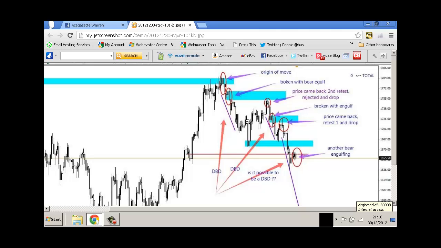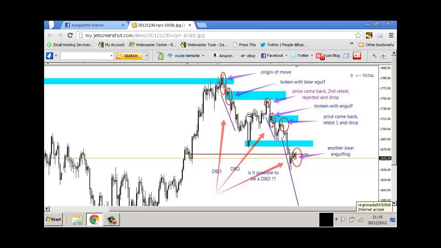If we remember, these wicks have taken out that supply, so price goes up to this area here, which is the last supply that's still intact. From there it comes down, finds some demand, goes back up.